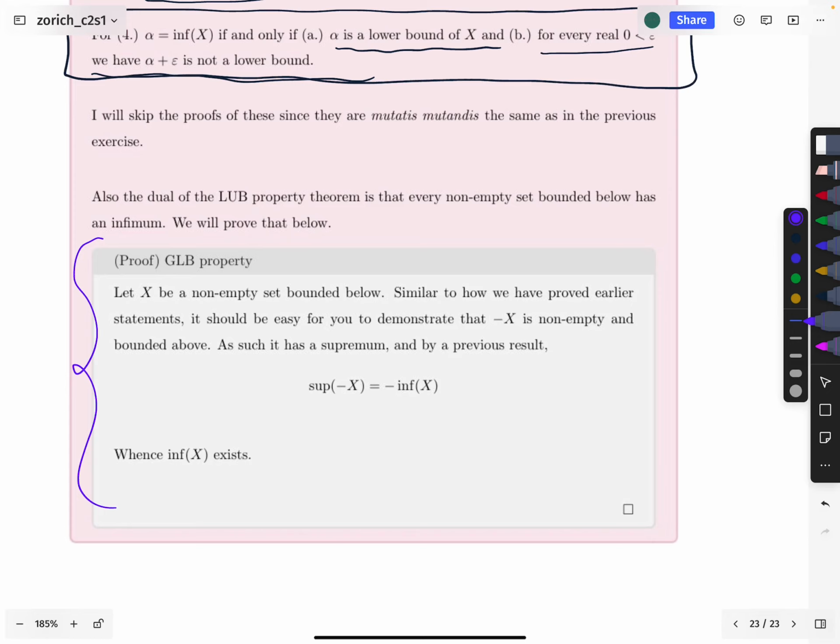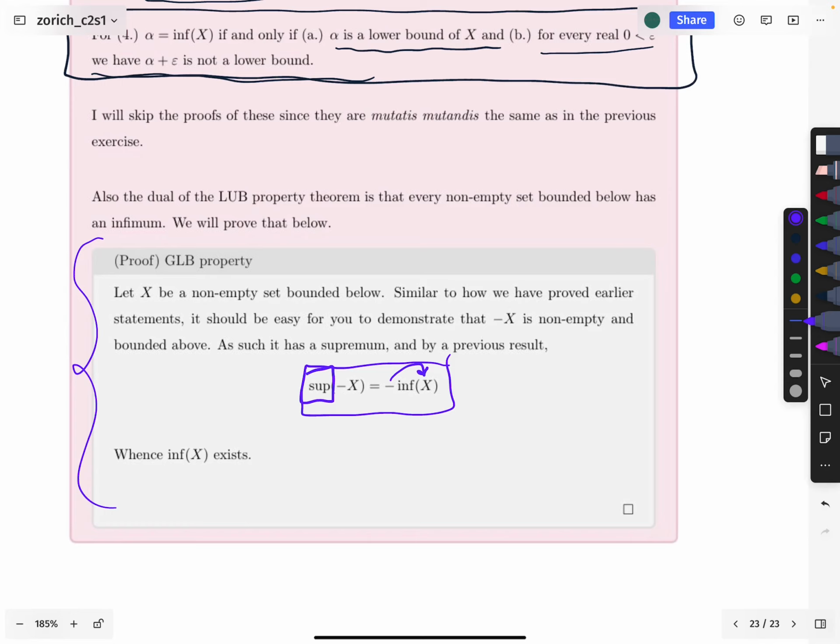And so we're going to say, the statement of the dual is that for every non-empty set bounded below, the greatest lower bound exists, the inf exists. And so by a very similar proof, we know that negative x is a set non-empty and bounded above, so its sup exists, and then we prove this inequality by merely letting the negative pass over the inf, flipping it to a sup.